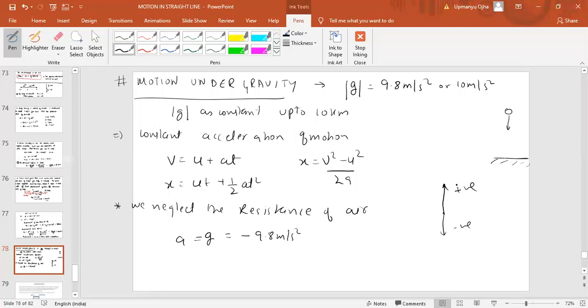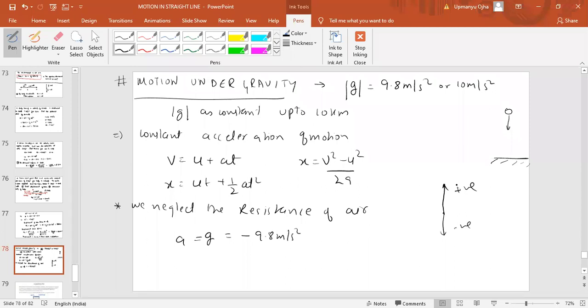You may ask me, sir, when you are dropping the object, the body is accelerating downward, so why are we not using plus g? I am telling you that whenever we are using this equation, we have to use minus 9.8 meter per second square. The reason is that the body is accelerating towards the negative side, and the negative side is always taken as minus g.